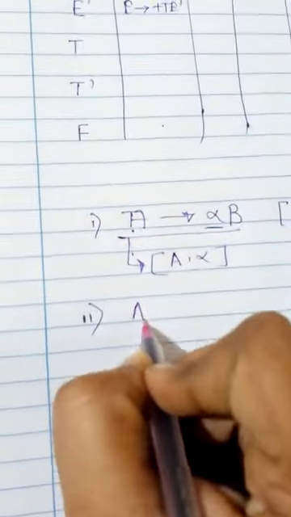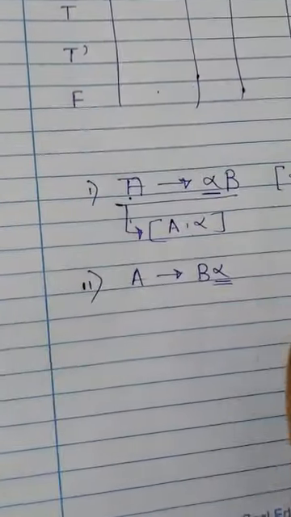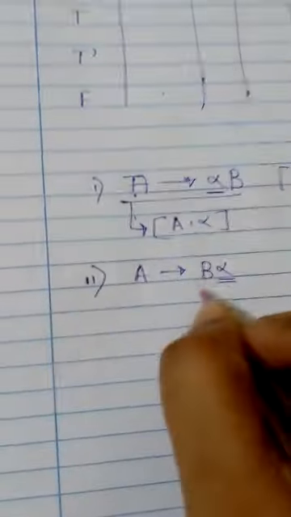Now the second rule says, if A gives, let's say, B alpha, where alpha can be anything, terminal or non-terminal, but B is a non-terminal. That means one non-terminal gives another non-terminal followed by anything.